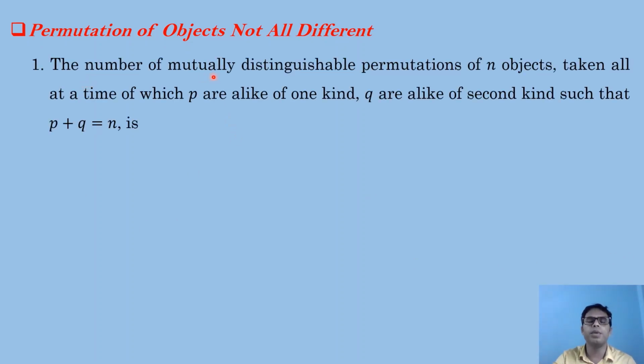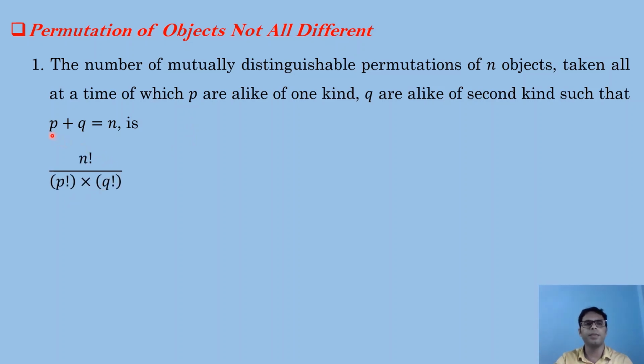The number of mutually distinguishable permutations of n objects taken all at a time, of which p are alike of one kind, q are alike of the second kind, there may be r alike of a third kind, but I am writing for only two types of objects, such that the sum of p plus q is equal to the total number of objects. In this case, the total number of permutations is factorial n divided by factorial p into factorial q.